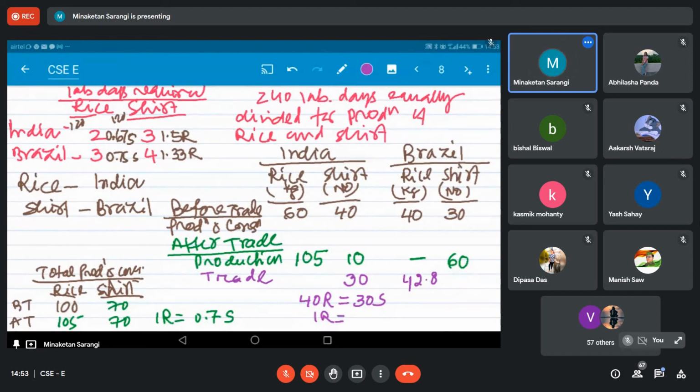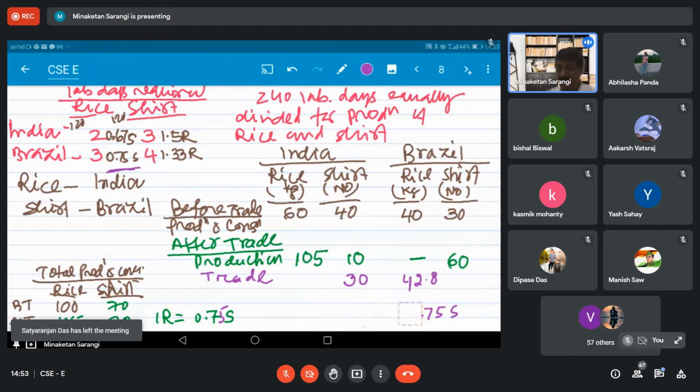One rice will be 3 by 4 sat, or 0.75 sat. So instead of taking 0.7, we can take 0.75 sats, which lies between 0.67 and 0.75, the limits we are taking. If we take that, instead of 42.8, this will be 40 sats.